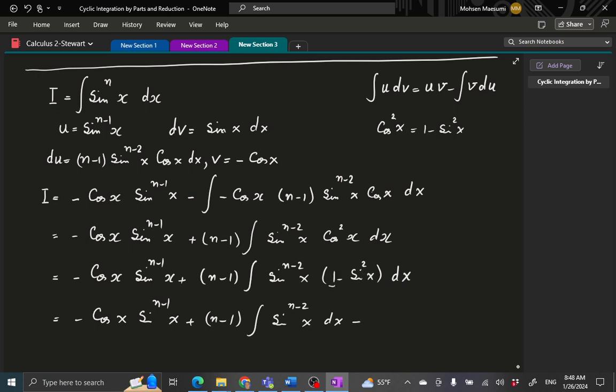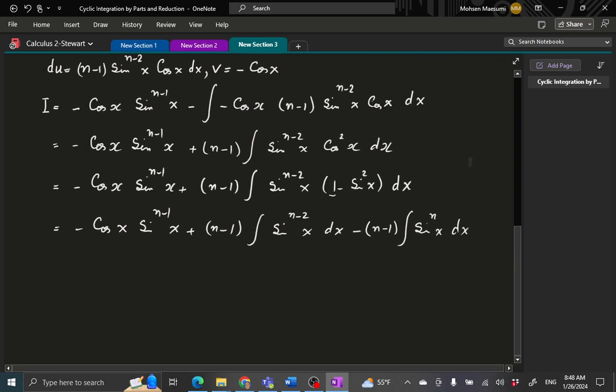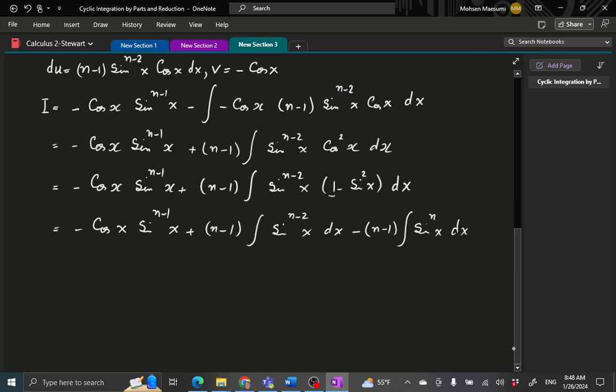Remember there's a minus here, and a factor of n minus 1, times the integral of sine to the power of n of x dx. Now let's remember this I that we were writing: I is just the integral of sine to the power of n of x dx.